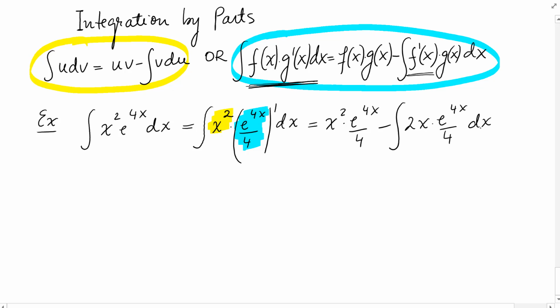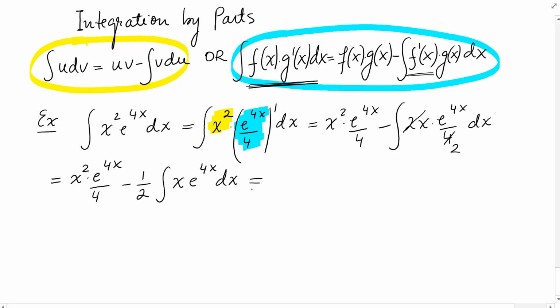So what happened, the new integral that we have has 1 power less, which is a good thing. So we have x squared times e to 4x over 4, and then 2 and 4 cancel, and we get 1 more simplifies, and we get negative 1 over 2 integral of x e to 4x dx.